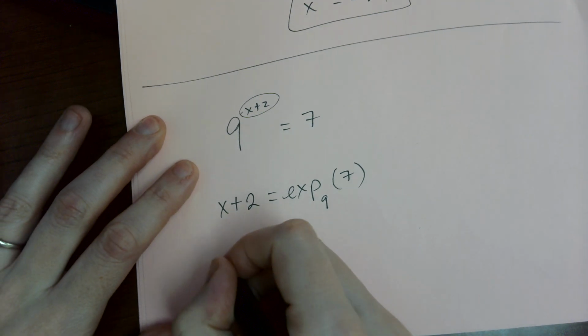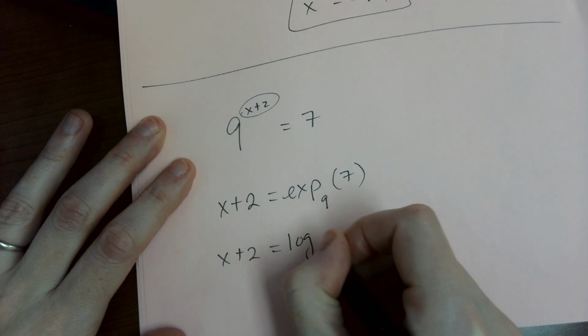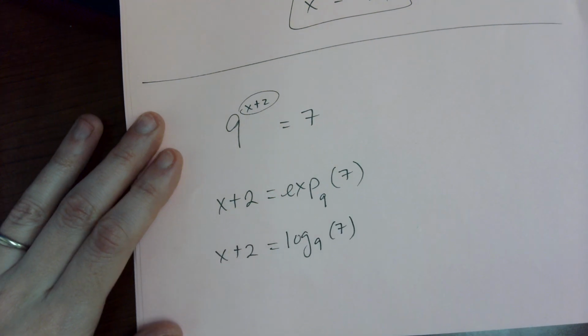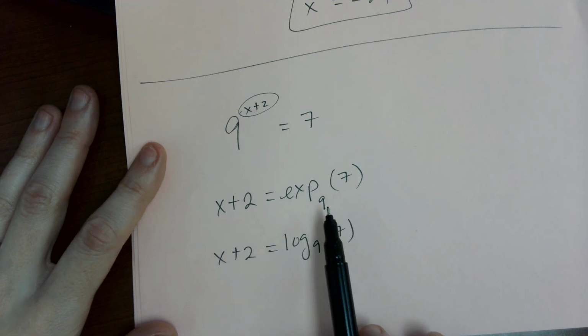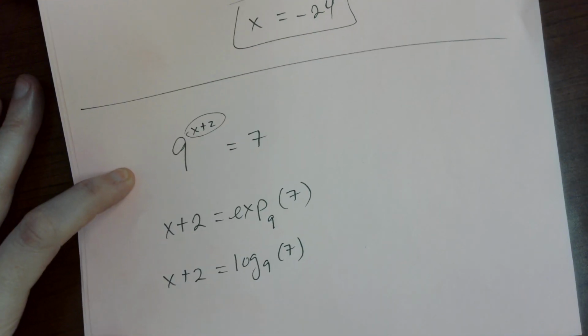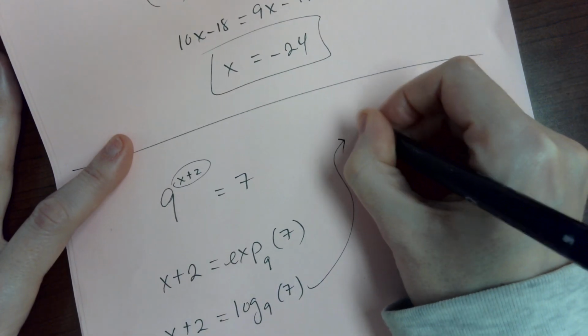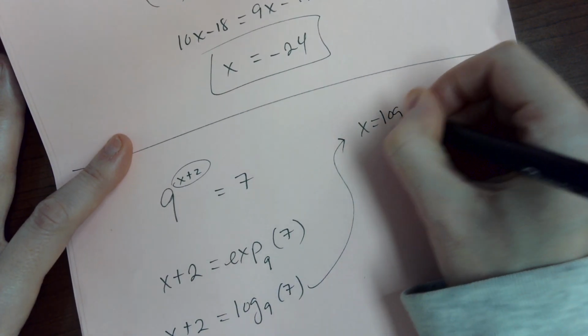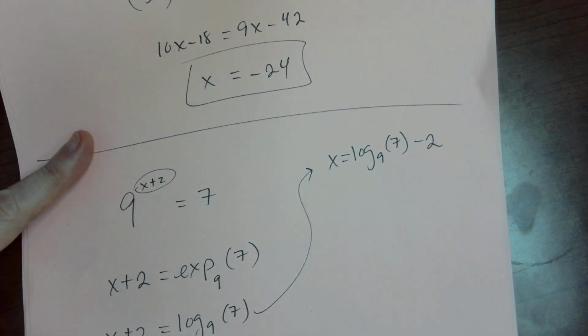Okay, now let's translate that into log notation. So this is log base 9 of 7. Okay, so x plus 2 is the exponent on base 9 to get 7. So that's a log. And then I will subtract the 2 from both sides. Okay.